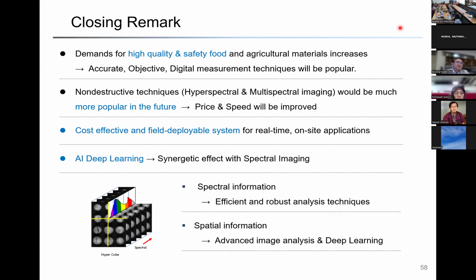Sometimes we save the reference in the system, and then we just calibrate using that, instead of doing the reference in real time. Sometimes we record the white reference and then we put it in the system. Yes, that's also possible.